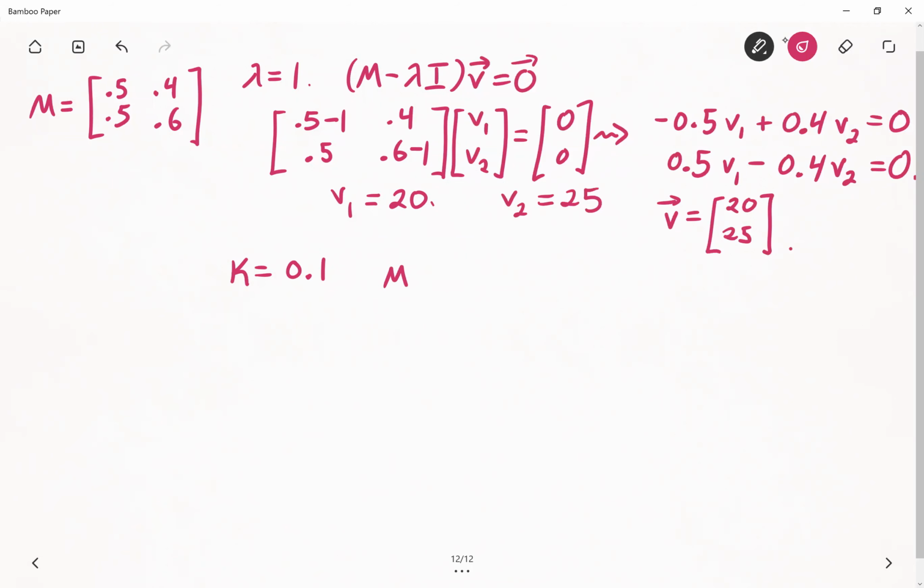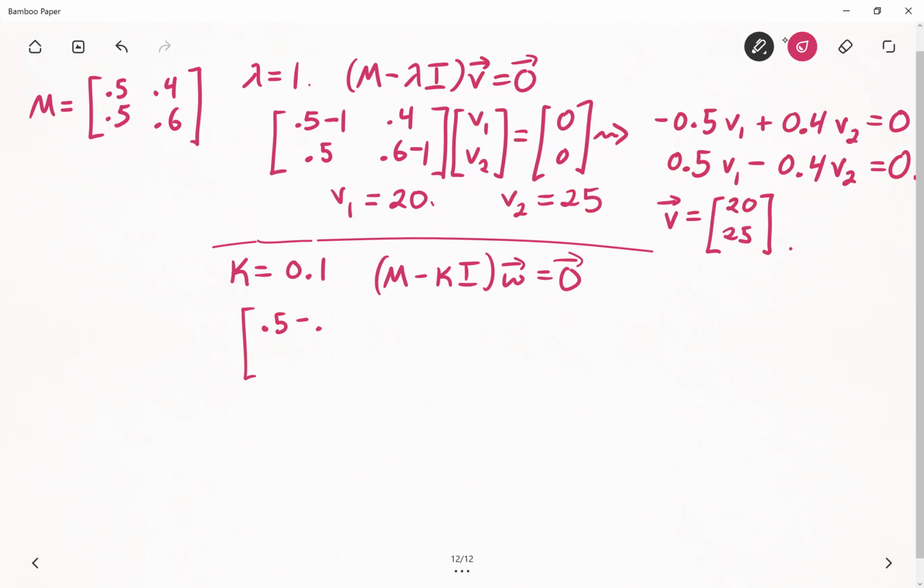Again, for this second part, we need to calculate M minus kappa times I times w equals 0. W is our new eigenvector. So I'll have 0.5 minus 0.1, 0.4, 0.5, and 0.6 minus 0.1 times our eigenvector w1, w2 equals the 0 vector.